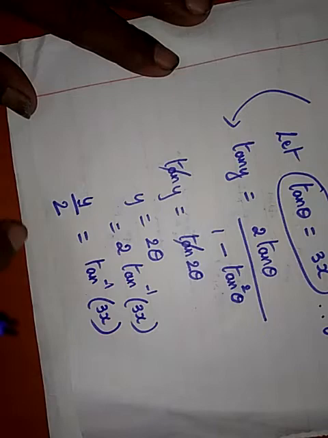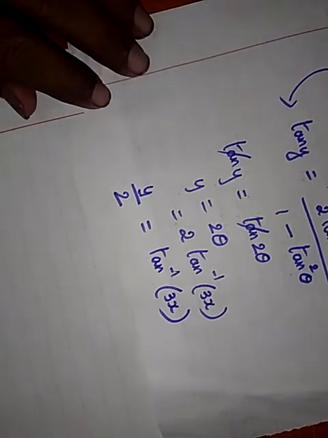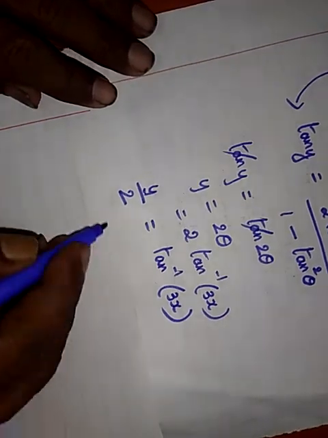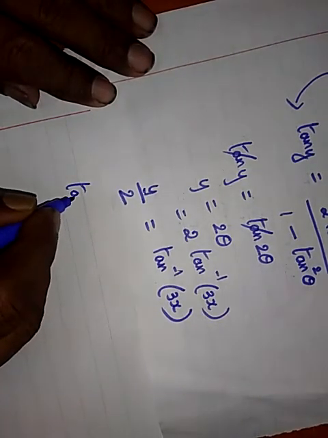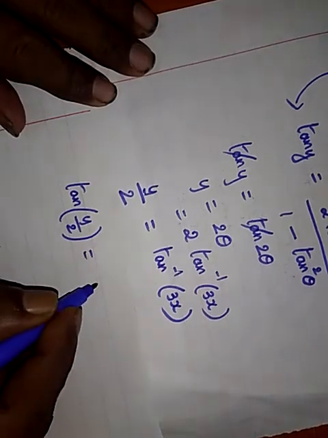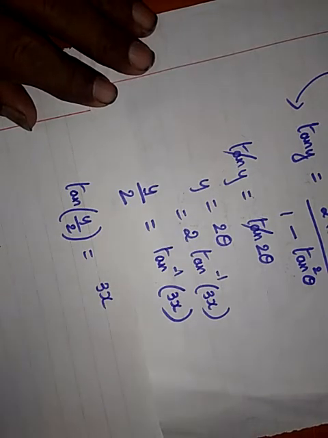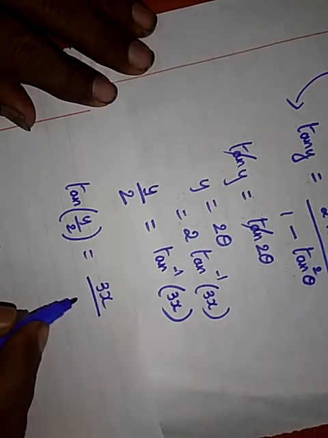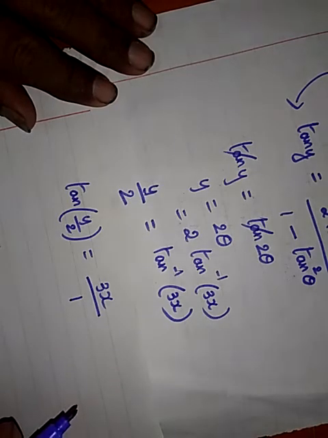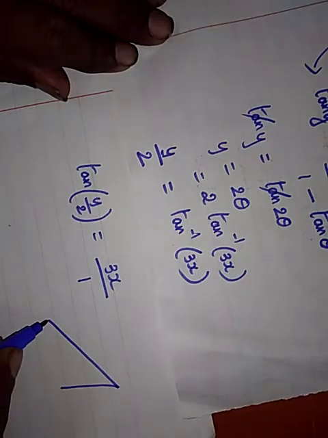Once again bring this tan this side. So what you will get? So you will be having tan y by 2 equal to 3x. Now this 3x can be written as 3x divided by 1. So now we can draw a right angled triangle.